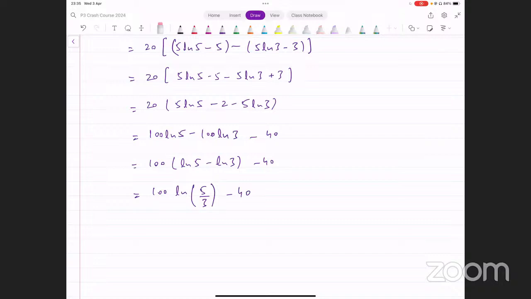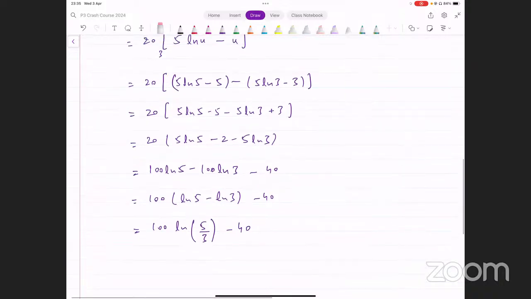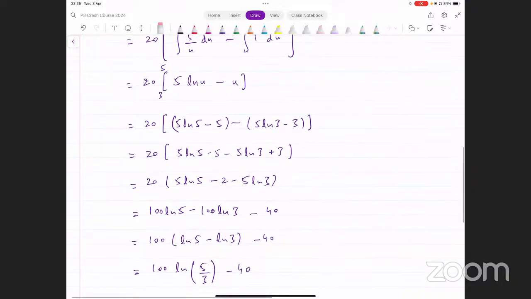This is all that we need to know about substitution, the process of substitution, and also about how to change the limits. You have to remember that limits sometimes are like this, that the smaller value ends up being the upper limit and the larger value ends up being the lower limit. If you want to switch them, you need to understand that process as well.